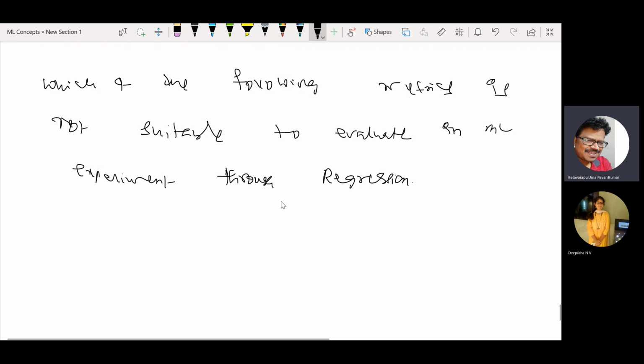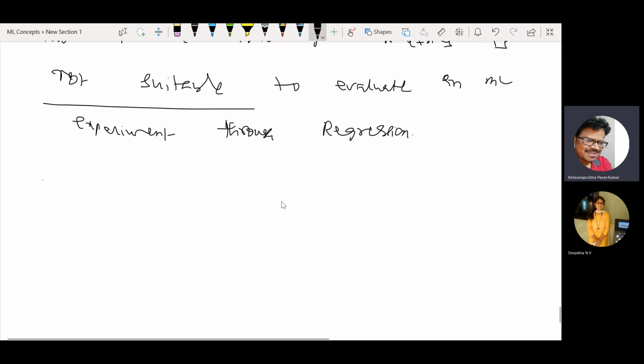Friends, you need to observe "not suitable". Especially in Databricks, guys, they ask this incorrect statement, "not suitable", many times. In that case, you have to identify the not suitable one. That becomes the correct answer.